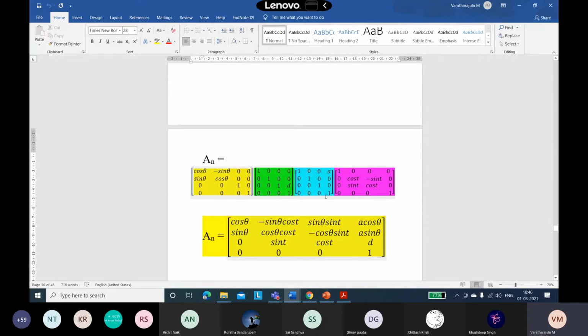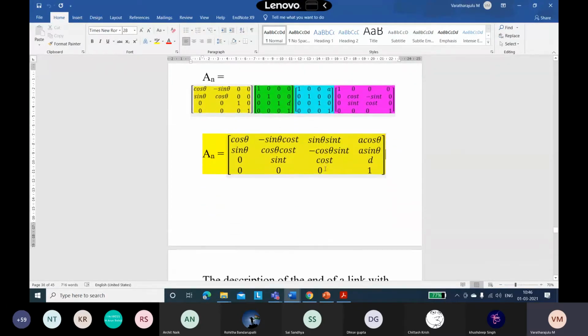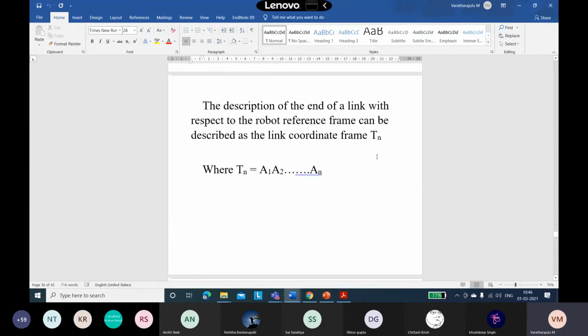These are the 4 different unknowns: theta related to z, alpha related to x, d related to z translation, and a related to x translation. We need to apply various theta, alpha, a, and d.